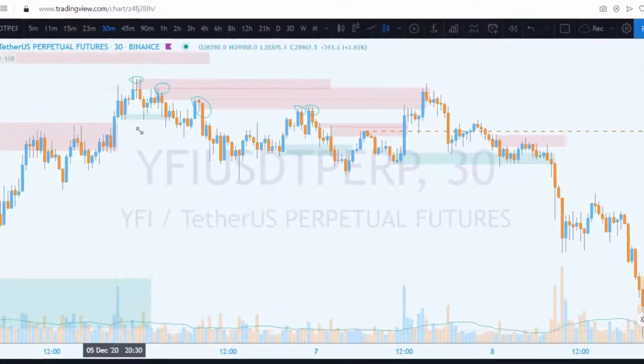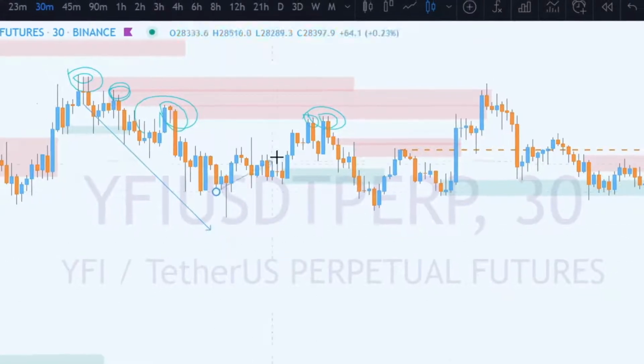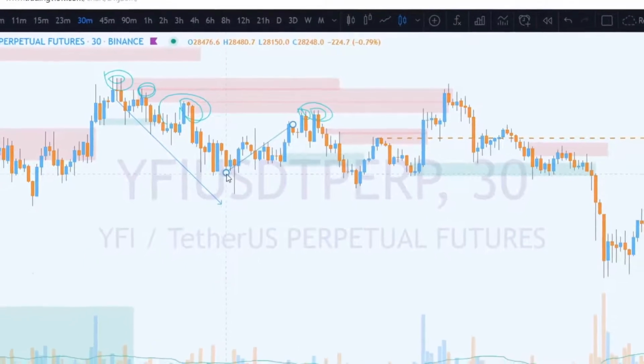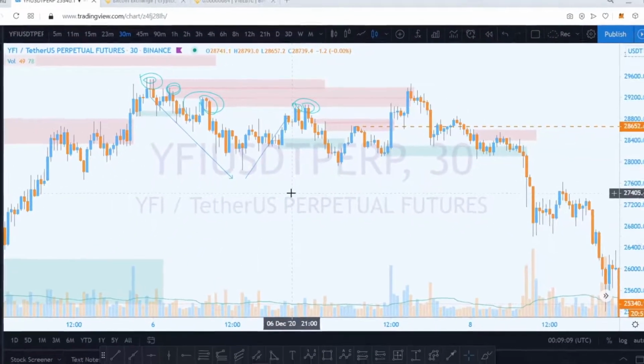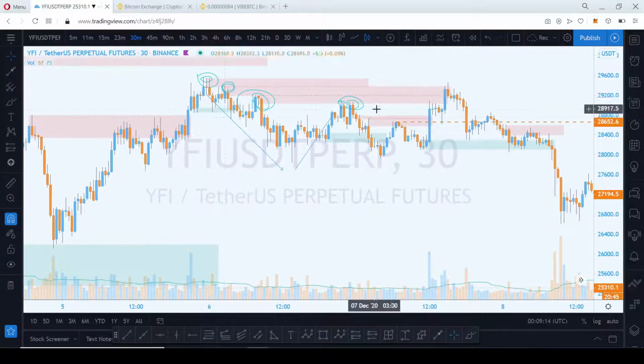You have a high here, you have another one here, another one here, then another one here. When you see a series of highs like this that are very close to each other, and then you look at the price movement, the movement of price between all the highs, where they went to, it didn't go far like we have here. It didn't travel far, and the highs are very close to each other.